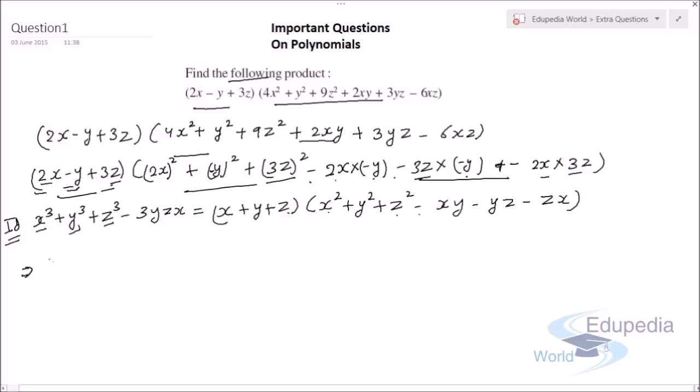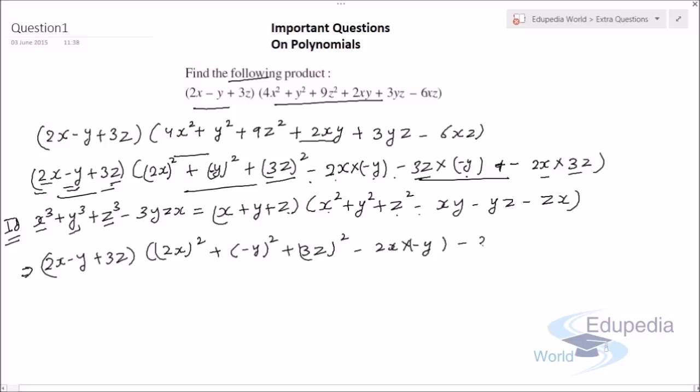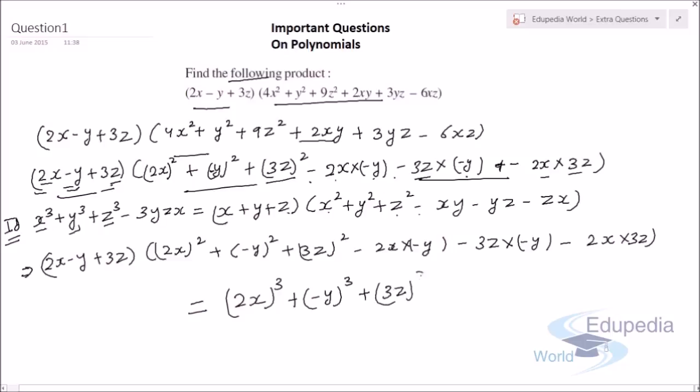So this means (2x minus y plus 3z) into (2x whole square plus minus y square plus 3z square minus 2x into minus y minus minus y into 3z minus 2x into 3z) can be written as 2x whole cube plus minus y whole cube plus 3z whole cube minus 3 into 2x into minus y into 3z.